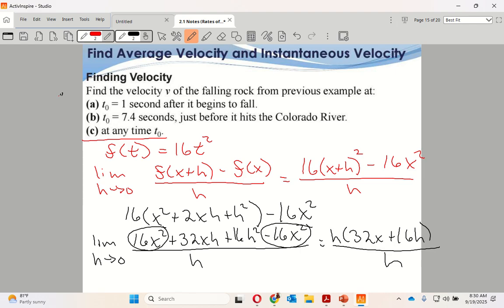Anyway, so what do we get here? What's going to happen to my h's? They cancel out, and I'm left with 32x. Now, what does that actually mean? I'm going to bring that over to the next page. That means f prime of t, because my function was in t, is 32t.